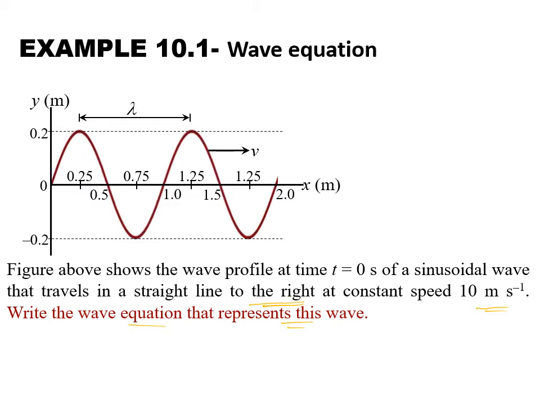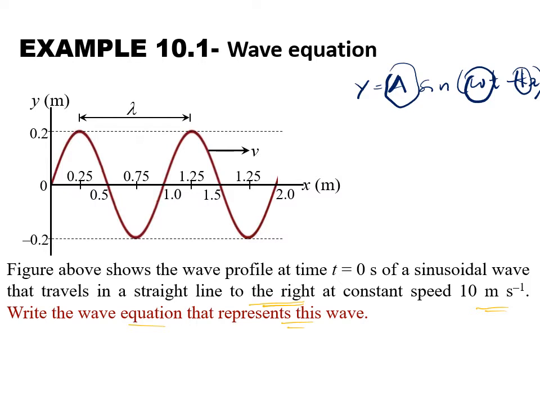Since the wave profile moves to the right, the equation that you have to write is y equals A sine (omega t minus kx). So you have to fill in A, omega, and k.